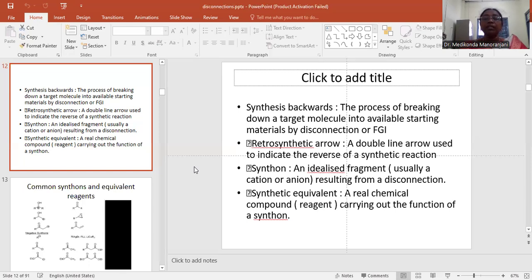Then let us look at the term synthon. A synthon is an idealized fragment. It is usually a cation or anion resulting from a disconnection. Synthetic equivalent: a chemical compound or a reagent carrying out the function of a synthon is called a synthetic equivalent.